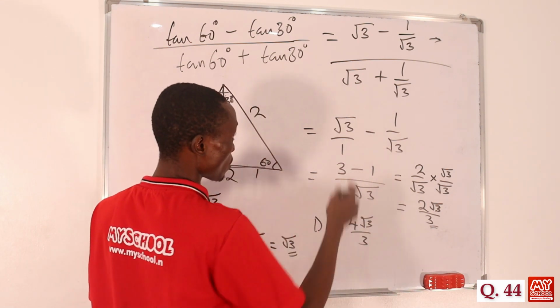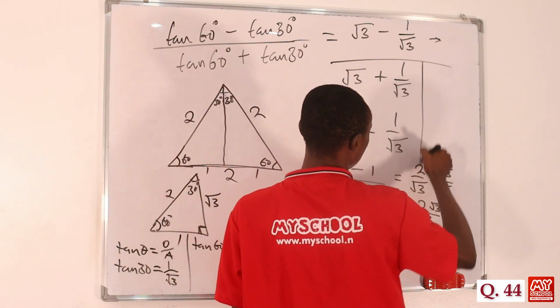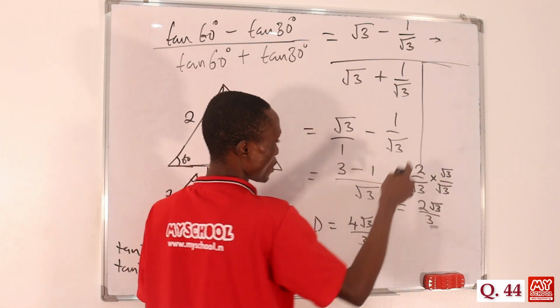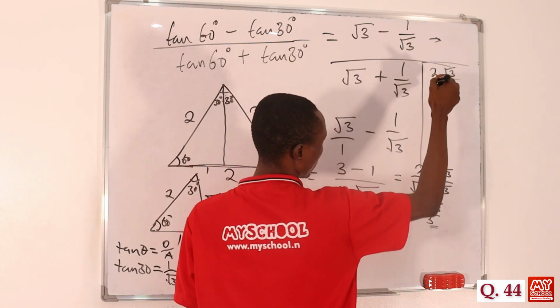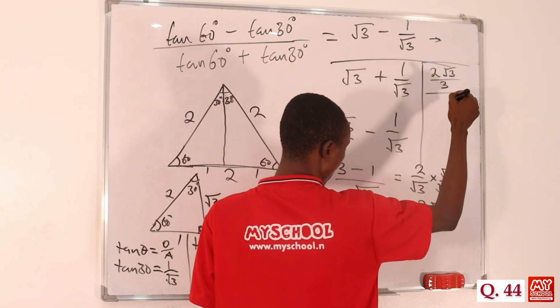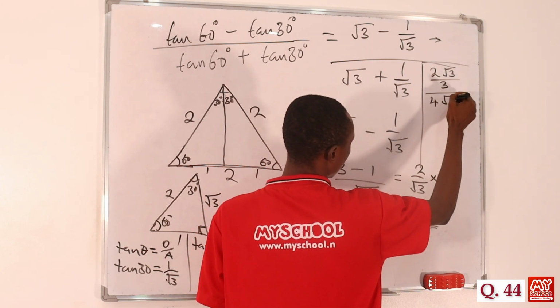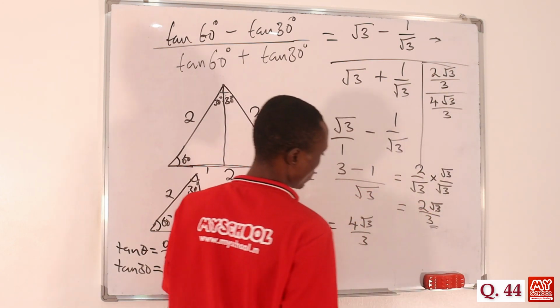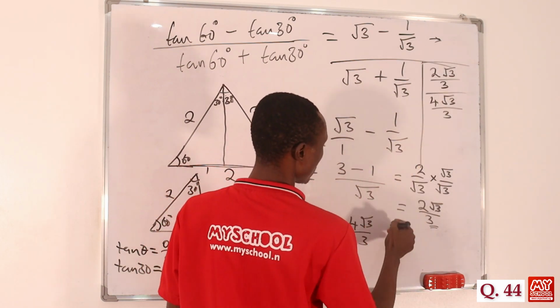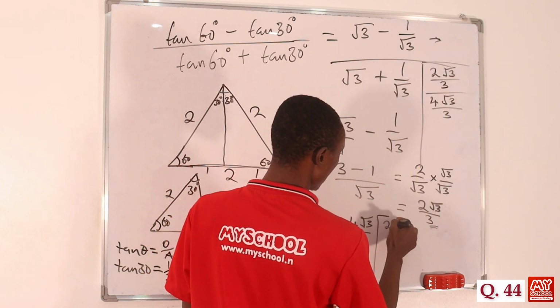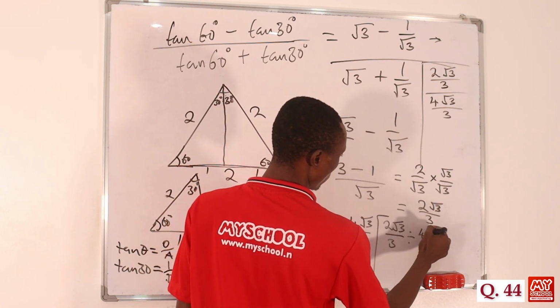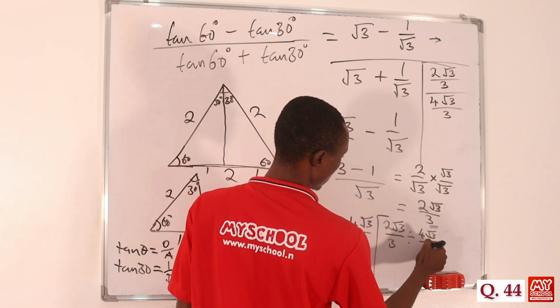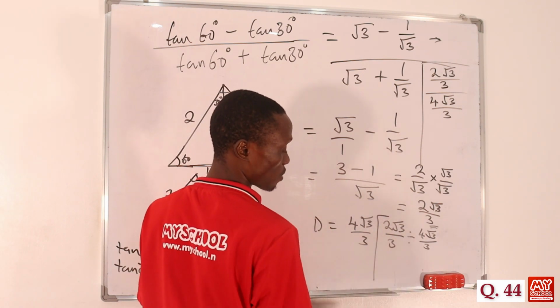So if we bring those two together, we'll have 2 root 3 all over 3, divided by 4 root 3 all over 3. This is just two fractions dividing each other.